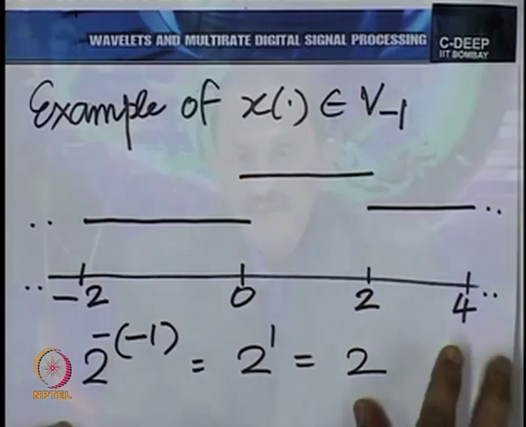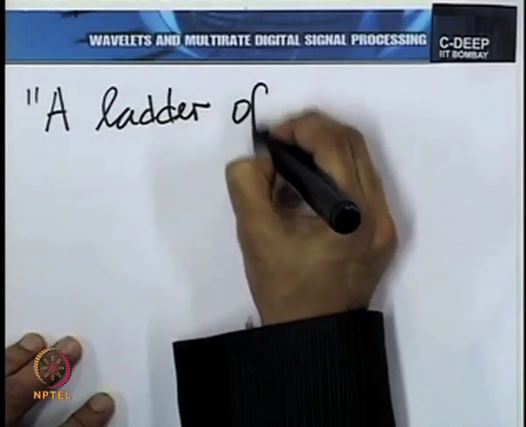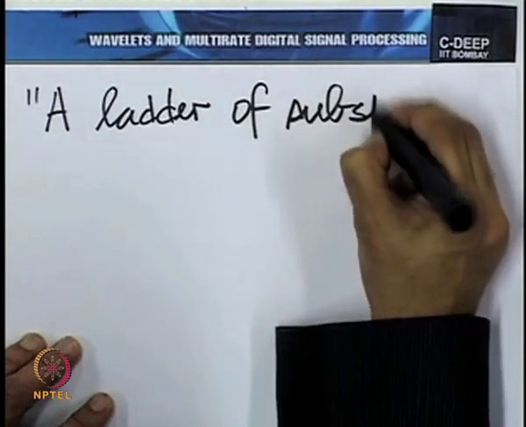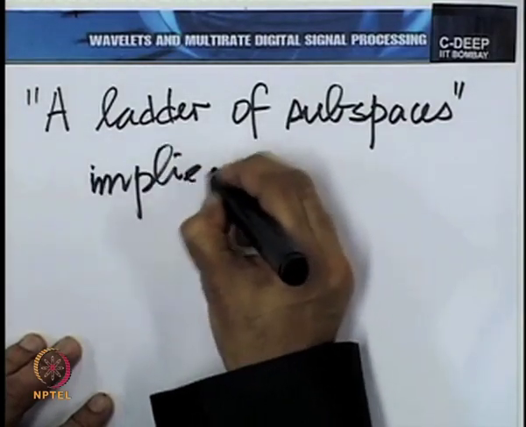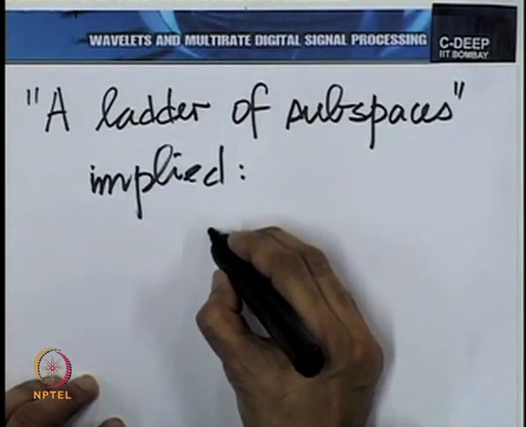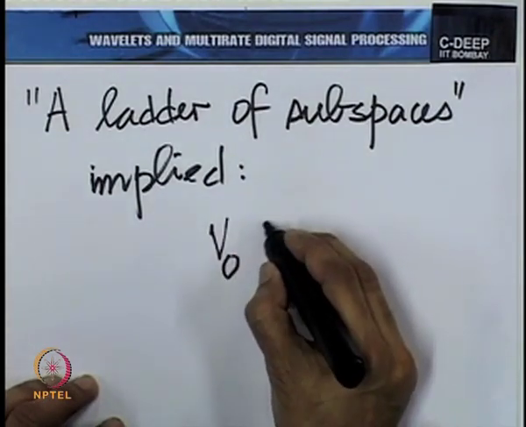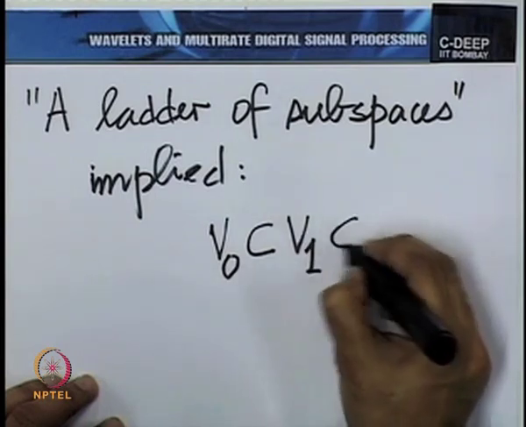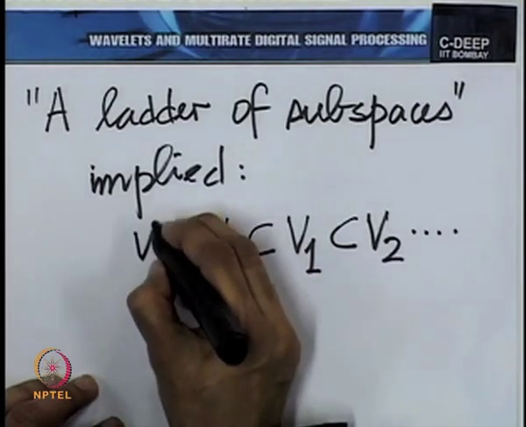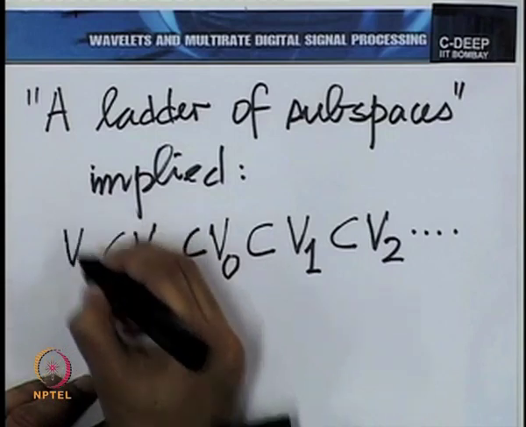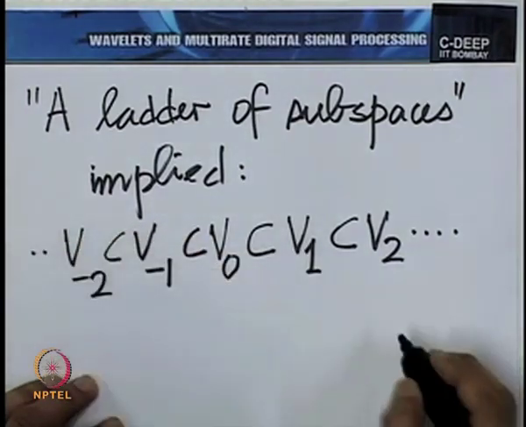A function that belongs to V 0 automatically belongs to V 1, and therefore, there is a ladder of subspaces that is implied here. In that ladder, the space V0 is contained in V1, the space V1 is contained in V2 and so on this way, and of course, the space V minus 1 is contained in V0, the space V minus 2 in V minus 1 and so on.